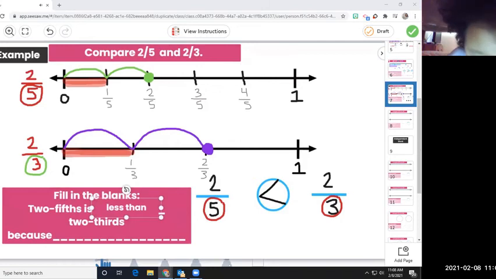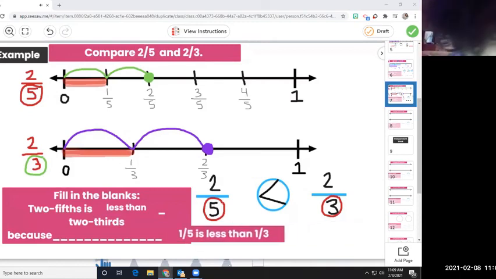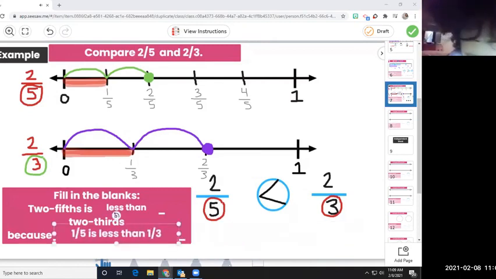This is where we can talk about our unit fraction. 1/5 is less than 1/3, so 2/5 is less than 2/3. I know because 1/5 is less than 1/3. Move it into the blank to show my thinking.